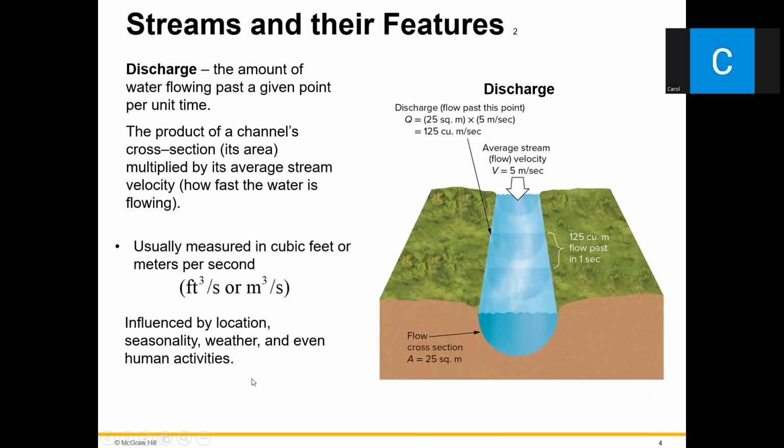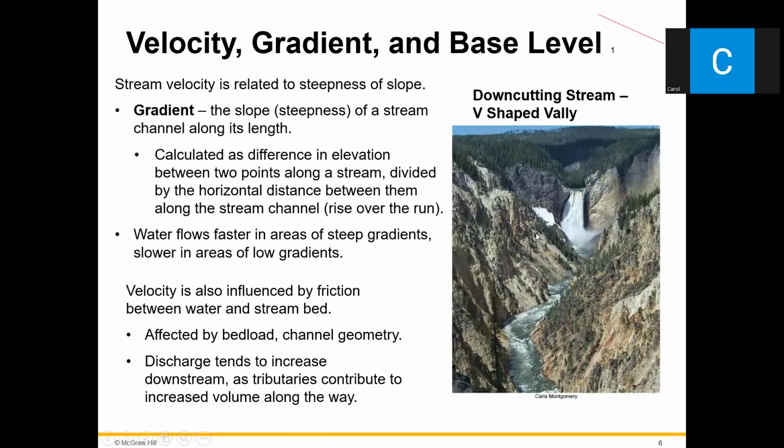We're going to get into that a little bit more, but up here, where it's very steep, it's flowing really fast, and it has a lot of energy, and the energy is going into down cutting this valley here. So it's forming what we call a V-shaped valley, because rivers tend to cut V-shaped valleys as opposed to glaciers that cut U-shaped valleys that are really broad at the bottom.